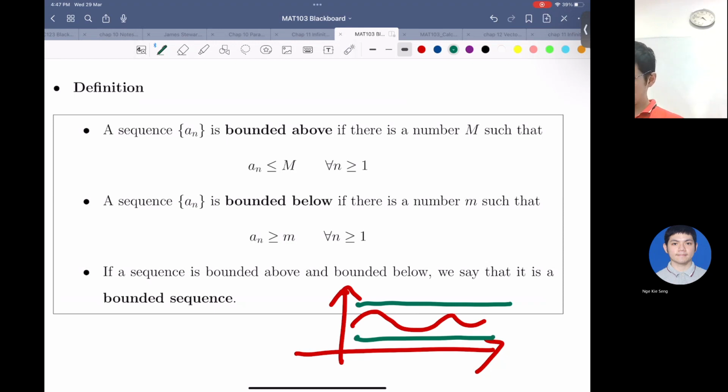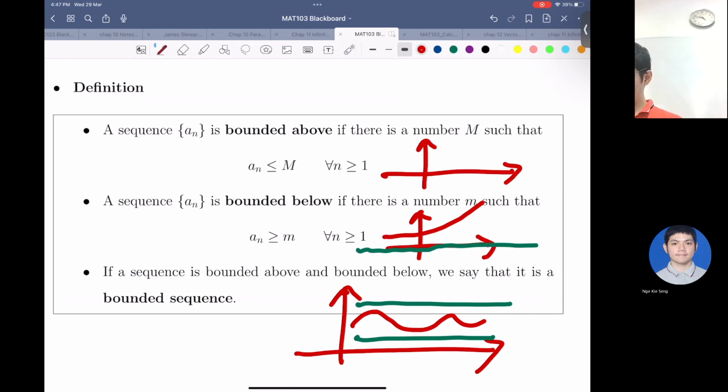Bounded below is something like the exponential e^x. So it's bounded below here. And then bounded above, maybe you can think of a long x. Long x is not bounded above, right? So what is bounded above?